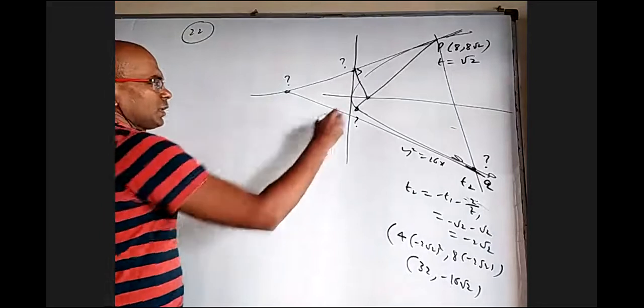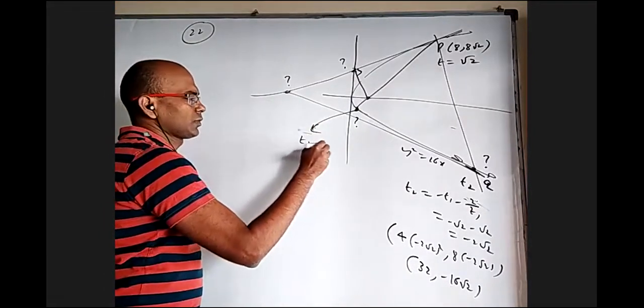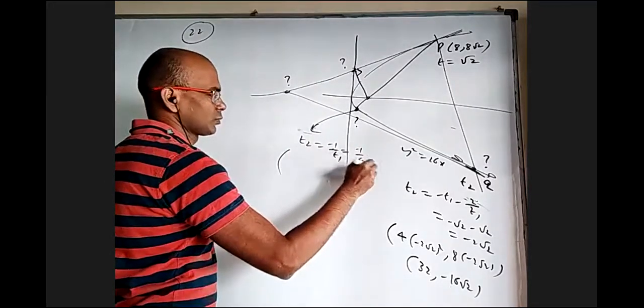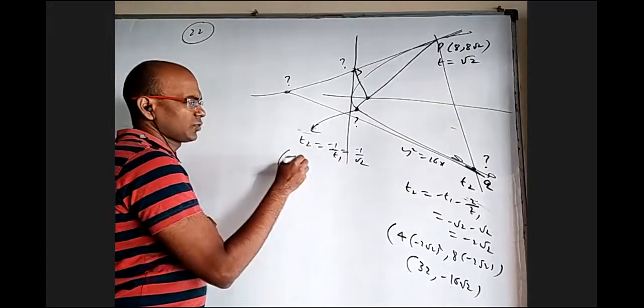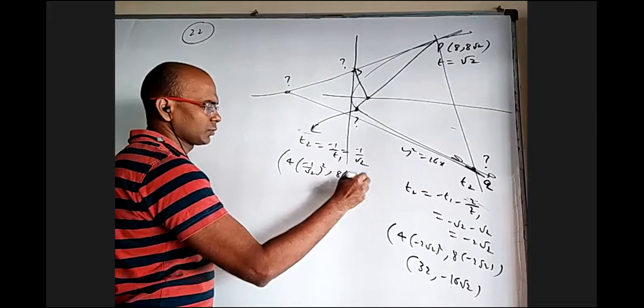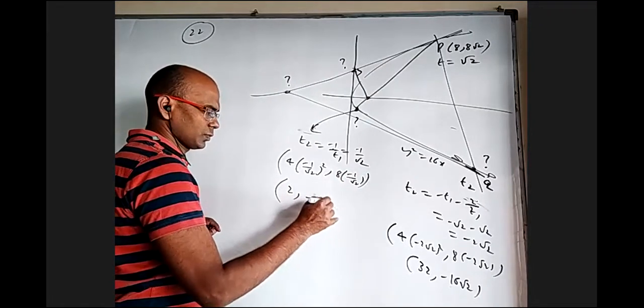That is this point. Other end of the focal chord, T2 equal to minus 1 by T1, which is minus 1 by root 2. So now 4 into minus 1 by root 2 whole square, 8 into minus 1 by root 2: 2 comma minus 4 root 2.